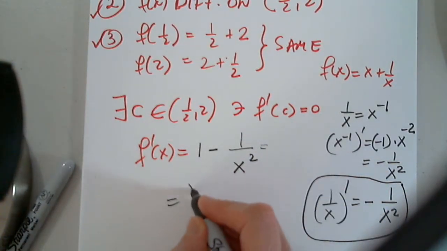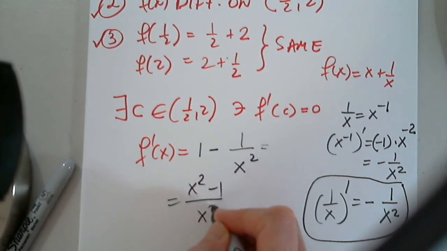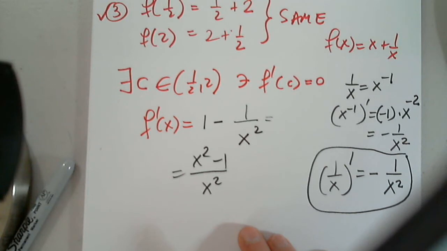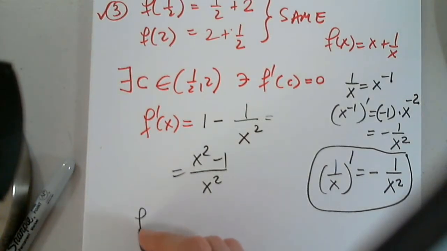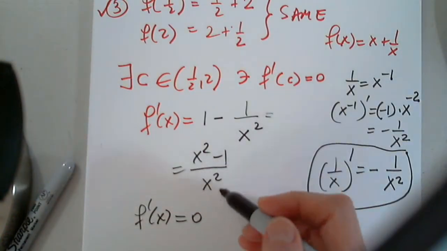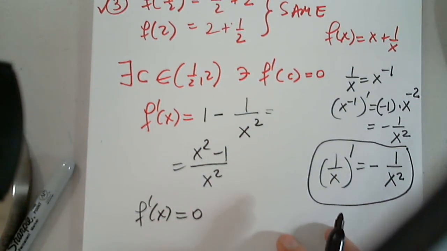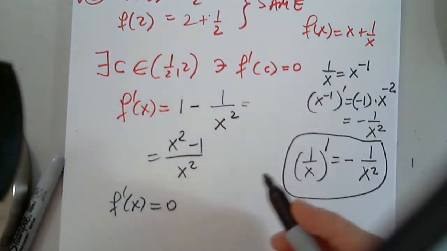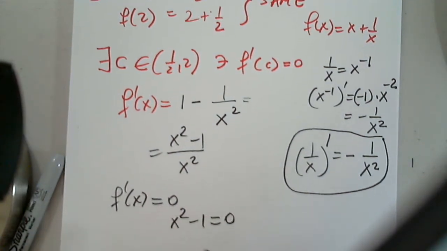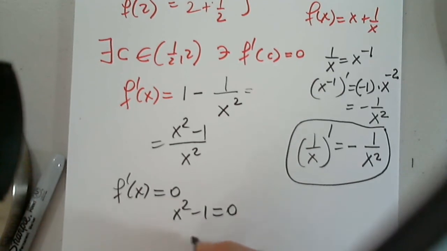So of course I have x squared minus 1 over x squared. And now I have to set it equal to 0. When is a fraction 0? When the numerator is 0. And of course we know we have to get two solutions, and we know how. Okay.